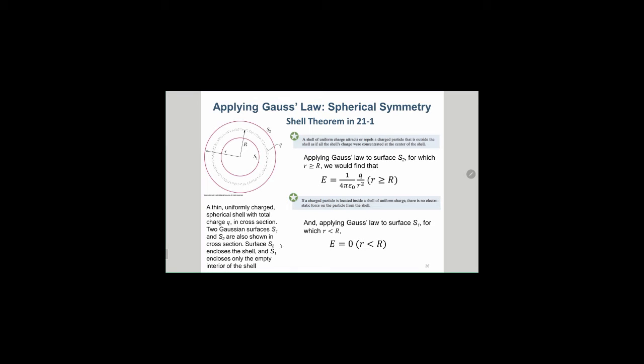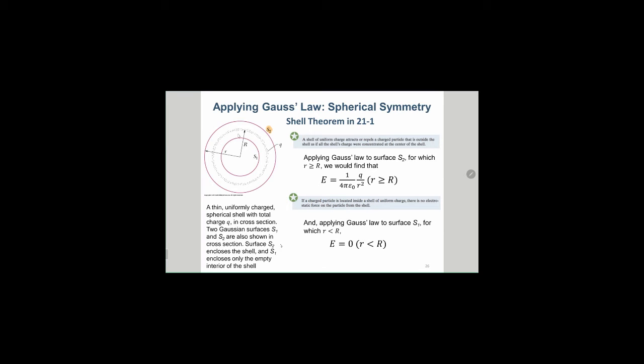If you still remember, the Shell Theorem has two statements. The first statement is that a shell of uniform charge attracts or repels a charged particle that is outside the shell, as if all the shell's charge were concentrated at the center of the shell. So for the outside part, you define a Gauss surface larger than the sphere.